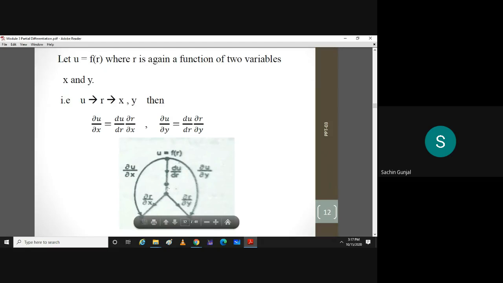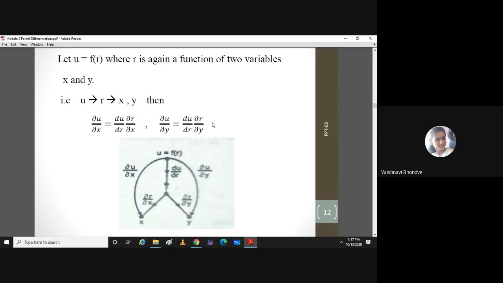This middle thing is r, which is quite blur, but this is r. R is function of x and y. So ∂u/∂x is u with respect to r into r with respect to x, and here ∂u/∂y is u with respect to r and then r with respect to y. Understood? Chain rule?